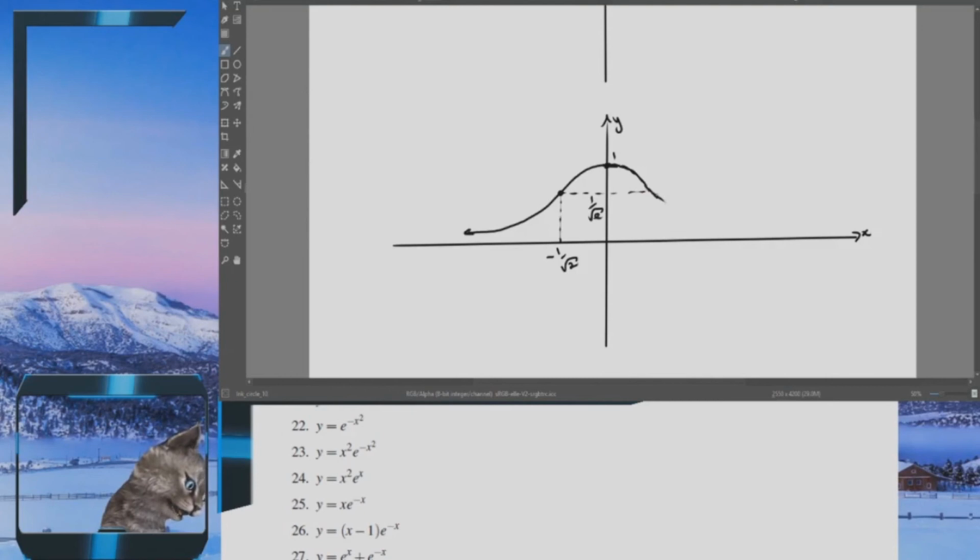And bending up to my asymptote. There. At 1 over root 2. And there we go. That is the graph of e to the negative x squared.